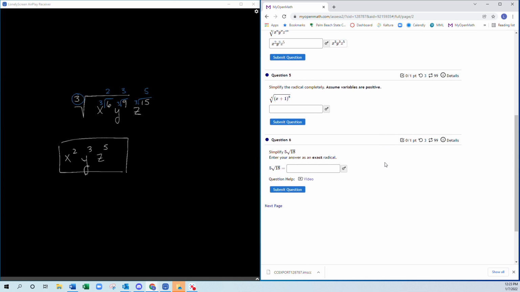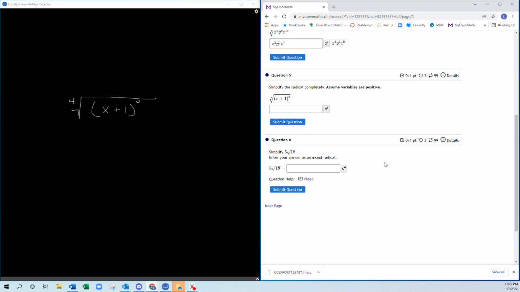All right. Now question 5 is very interesting. Question 5 has something inside the parentheses underneath that radicand. So this is x plus 1, all quantity raised to the 8th power. What we're doing with this is treating everything on the inside as one term. So all we're looking at here is dividing the 4 of my index into the 8, which is the exponent. 4 divided by 8 is 2.